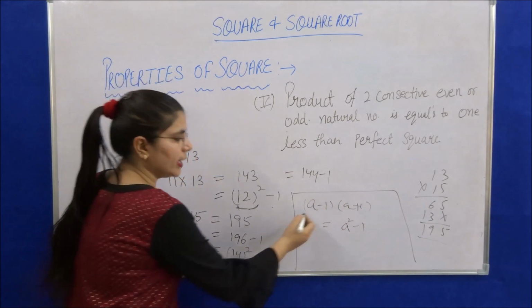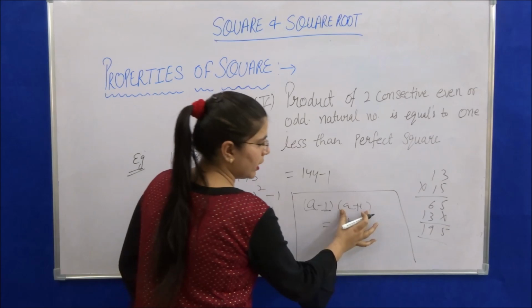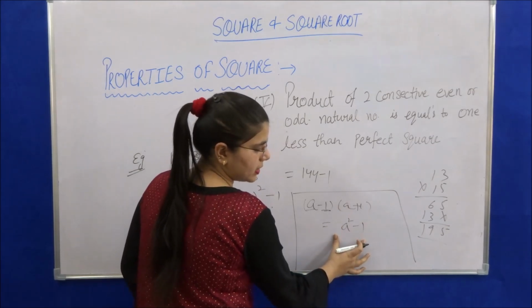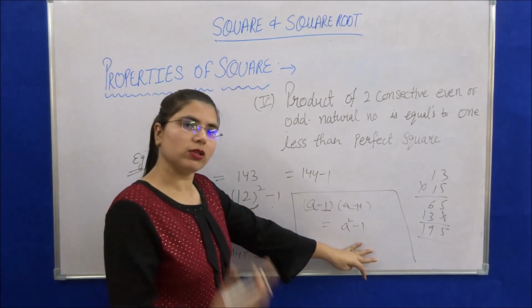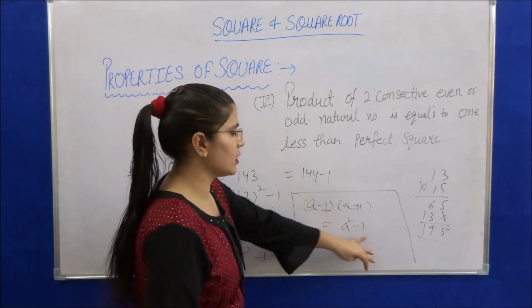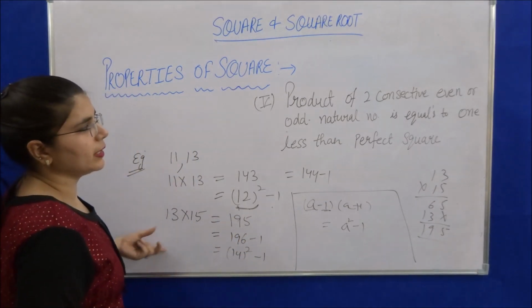So here our b is 1. So a minus b into a plus b equal to a square minus b square. So here b square is 1, 1 square is equal to 1. So we can write simply a square minus 1. So in this way we can explain our property.